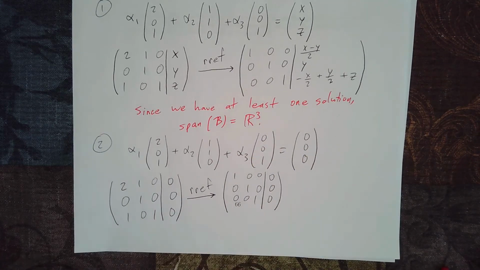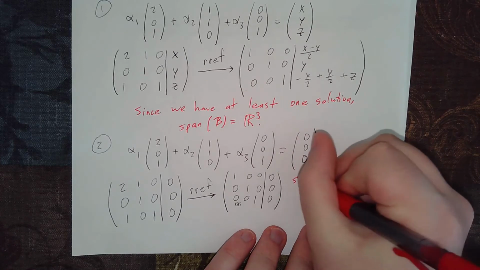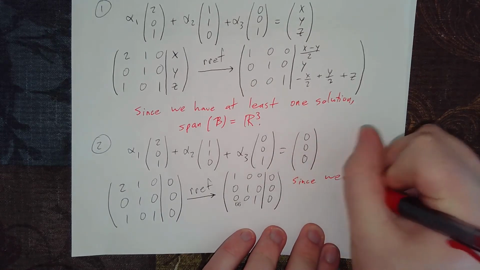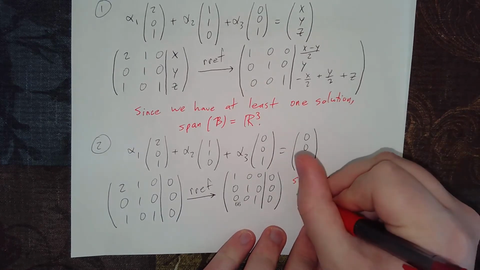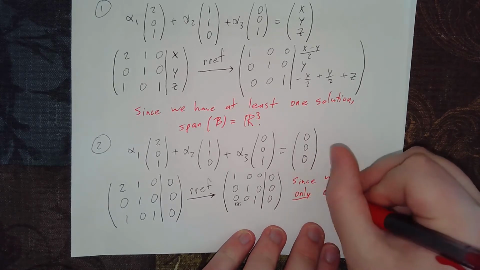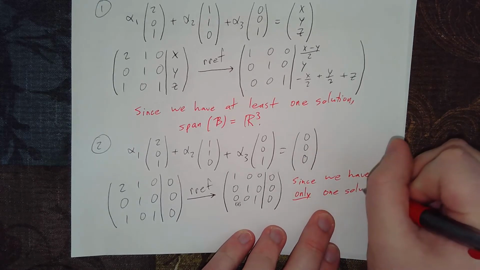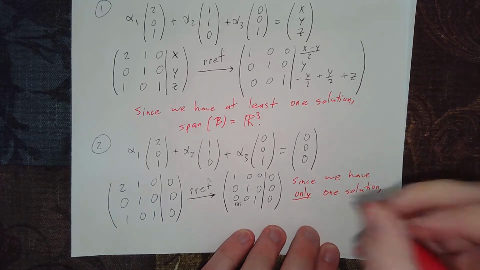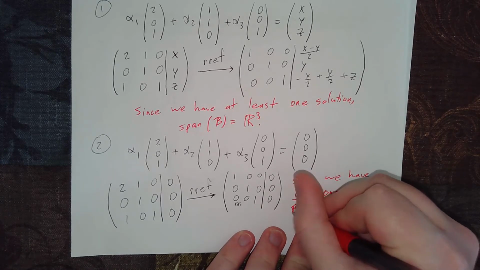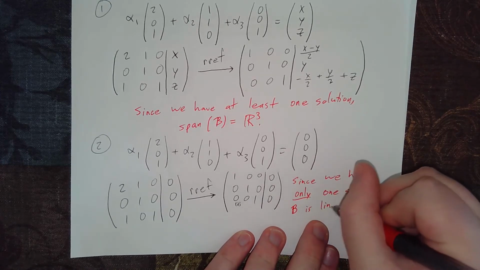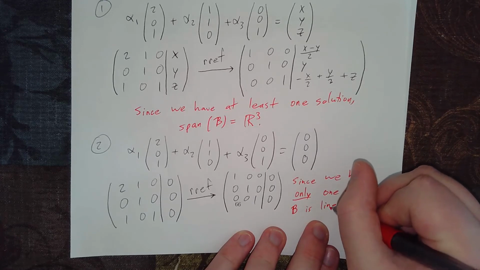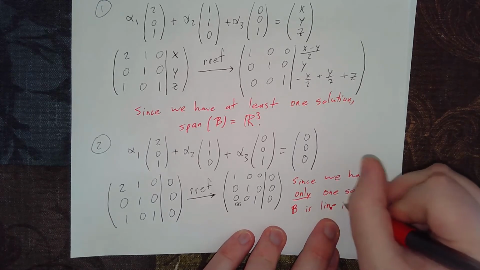And so here, since we have only one solution, B is linearly independent.